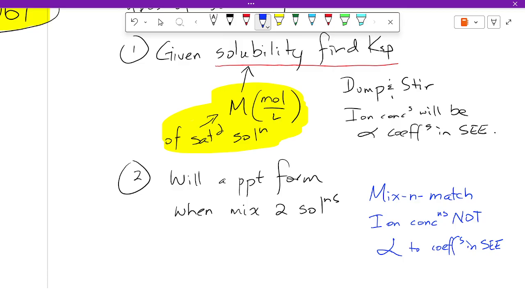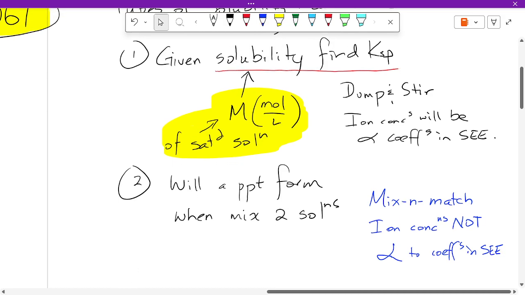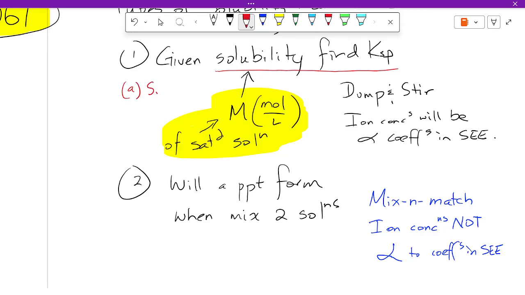What tools do we use for type 1, given solubility, find KSP? What are the two main tools? We use the C, and we use the KSP. What tools do we use when we're looking at will a precipitate form?